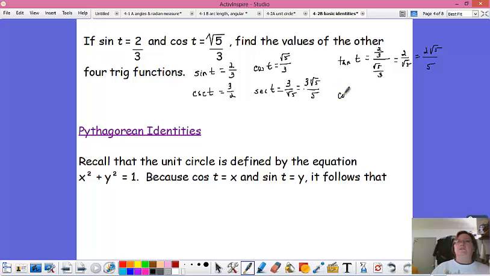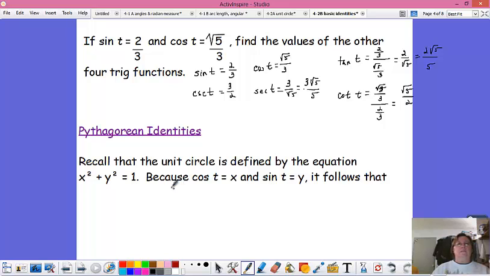The cotangent is going to be a lot easier. It is cosine over sine, so root 5 over 3 all over 2 over 3. Denominators are the same. So root 5 over 2 is the cotangent. So we wrote all 6 trig functions just from knowing 2 of them. That's pretty cool. And we did that with those reciprocal and quotient identities.